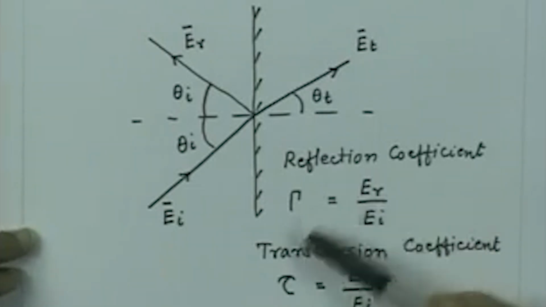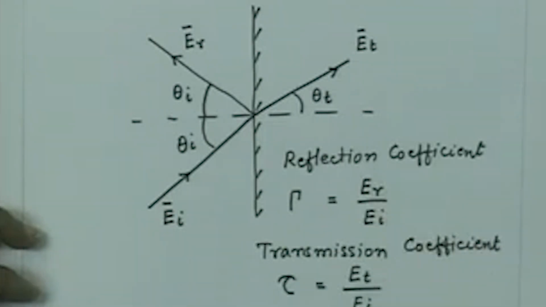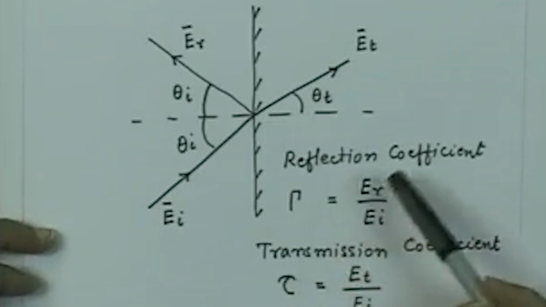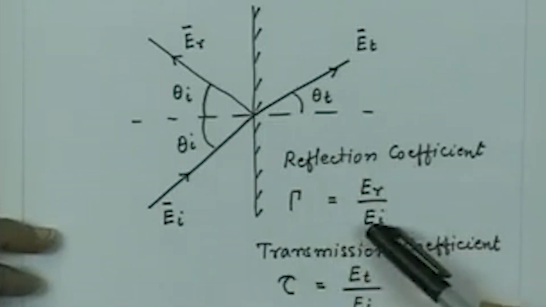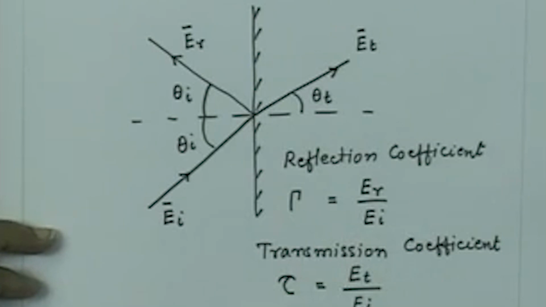Now, since we are defining this coefficient for the electric field, we can specifically call them as the electric field reflection coefficient and electric field transmission coefficient.